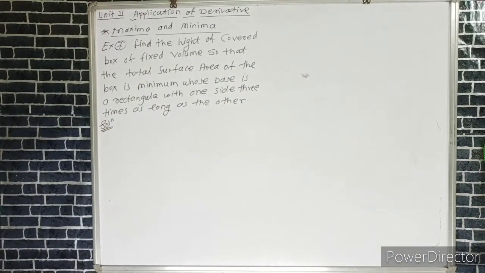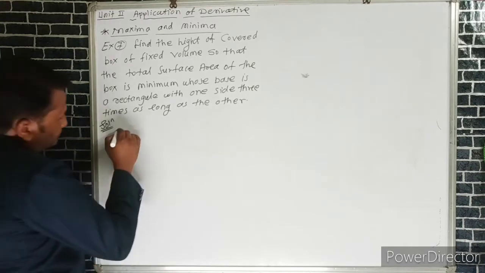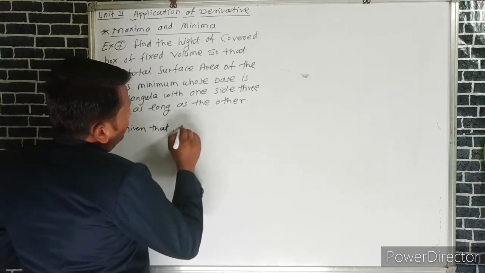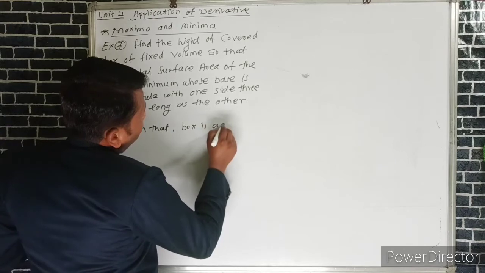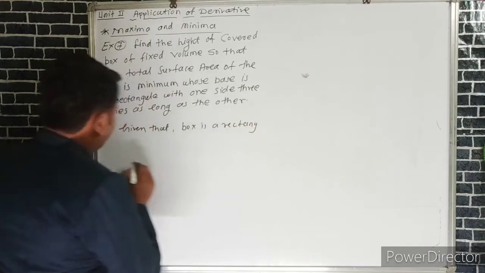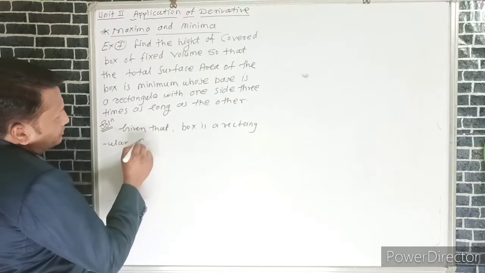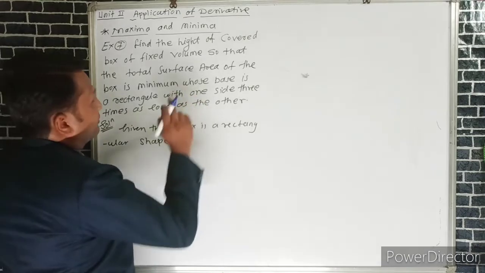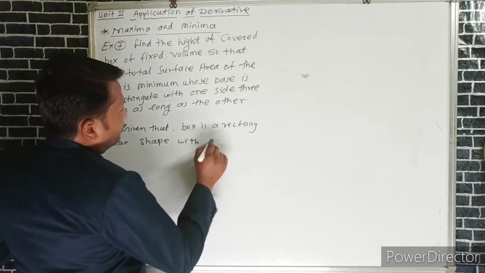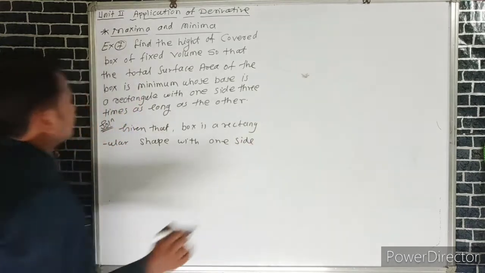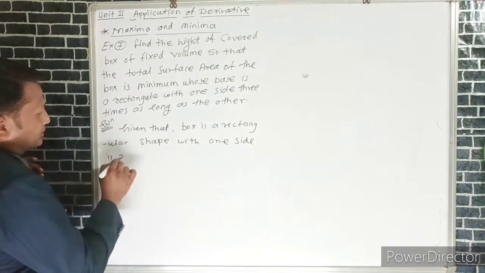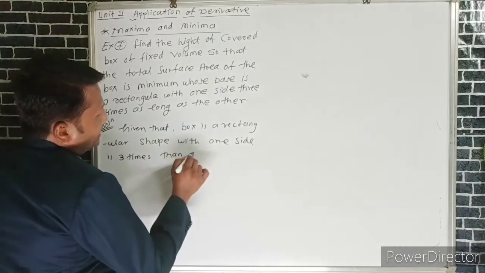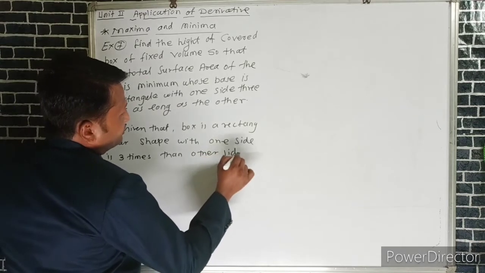So given that the box is a rectangular shape with one side 3 times the other side.